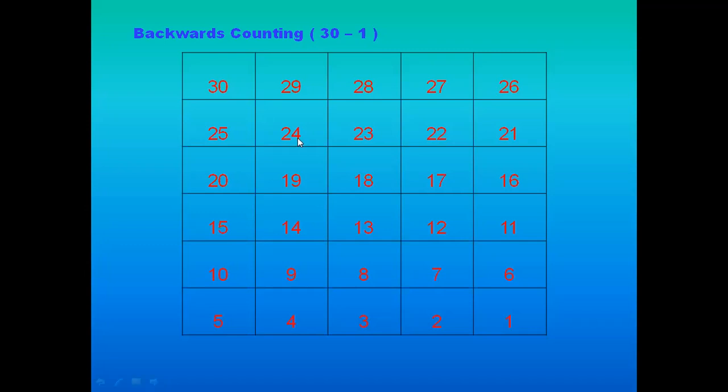Then you check from the end. 1, 2, 3, 4, 5, up to 30. In this way, you can check whether you wrote correctly or not. So it is very easy.